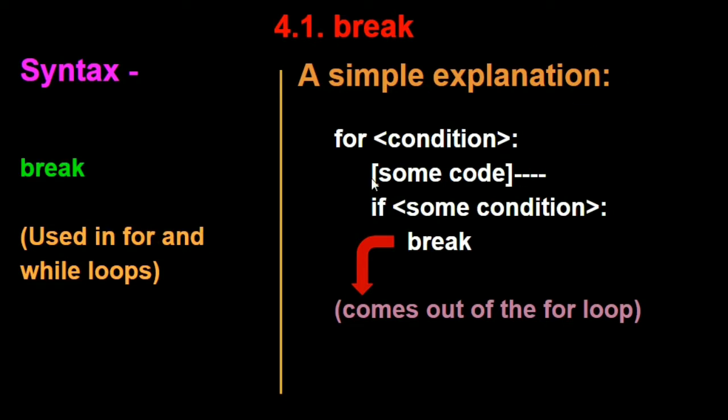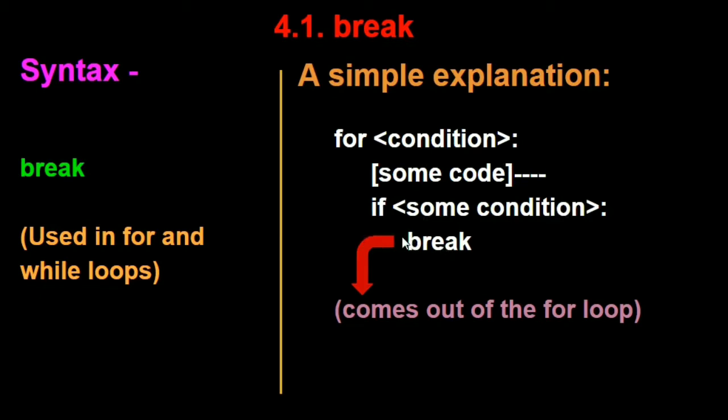A simple explanation would be, if you have a for loop and some condition and you have some code inside it, very normal, and now if some condition becomes true inside the for loop, you don't want that to get executed and you simply want to stop the loop.